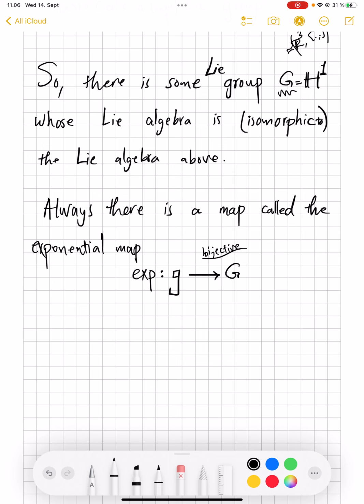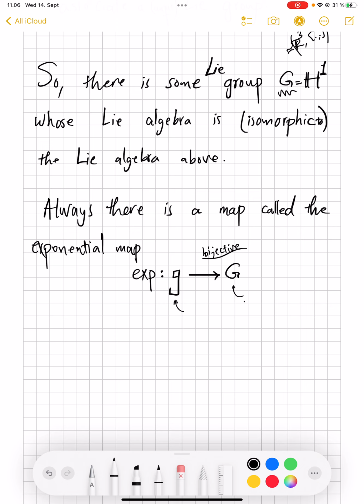But all that is important to us is that to every element in the Lie algebra, we can associate an element in the group. And vice versa.